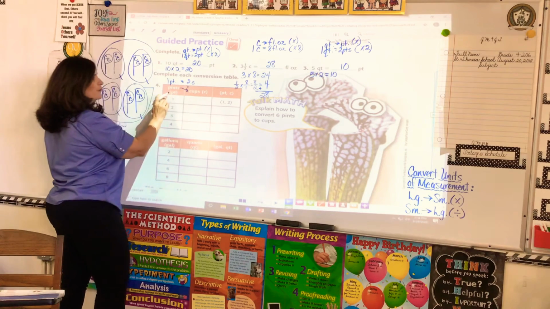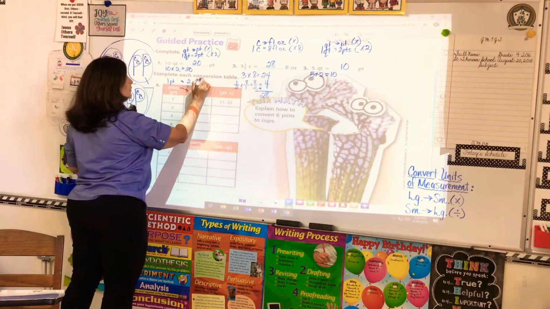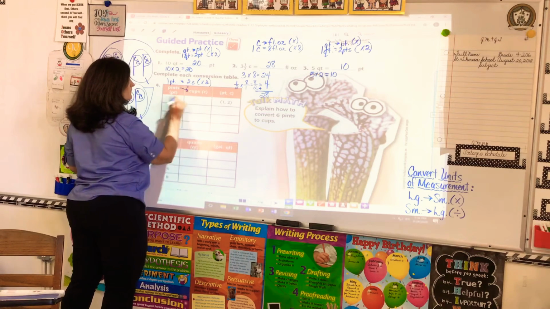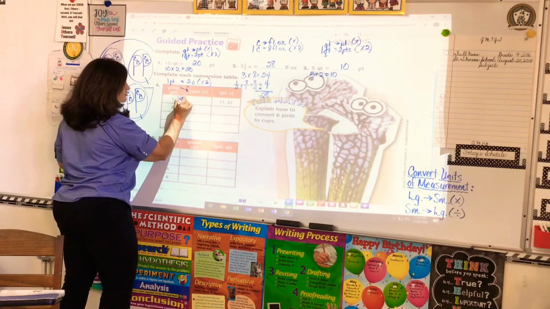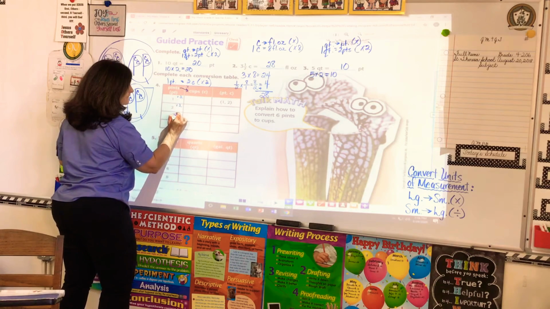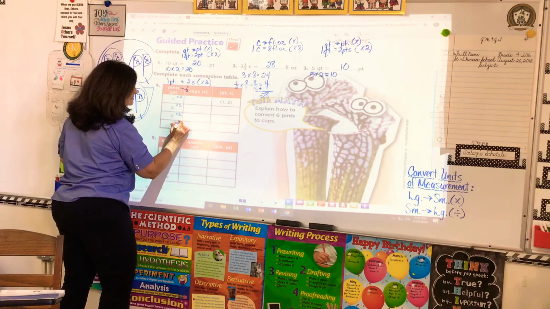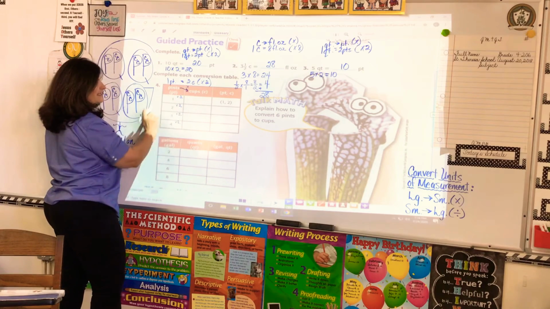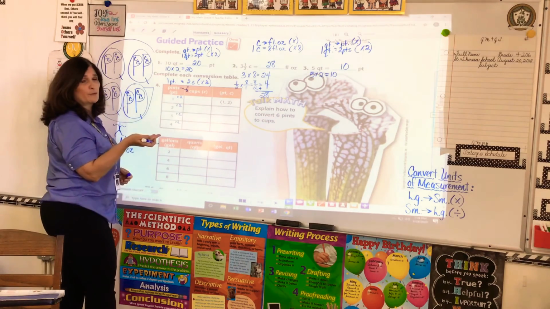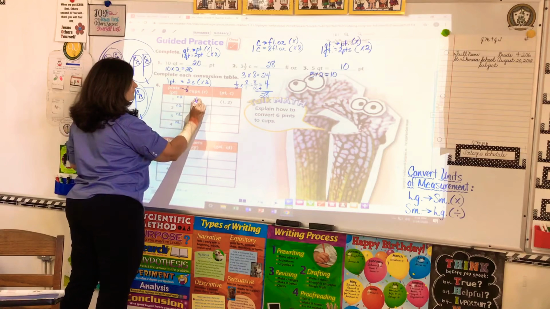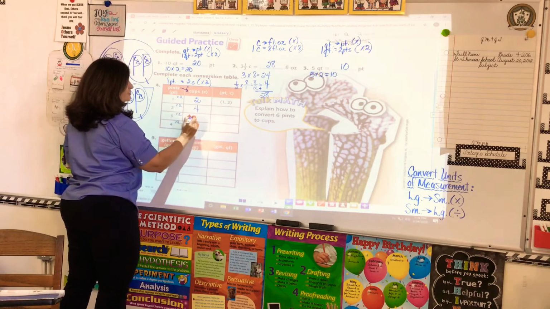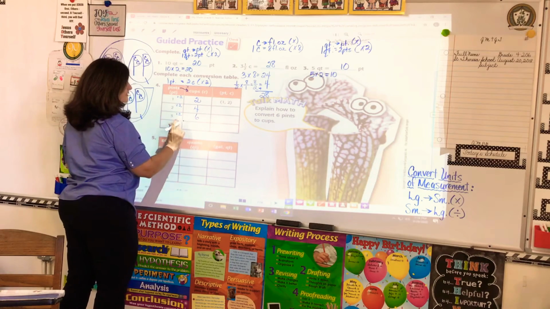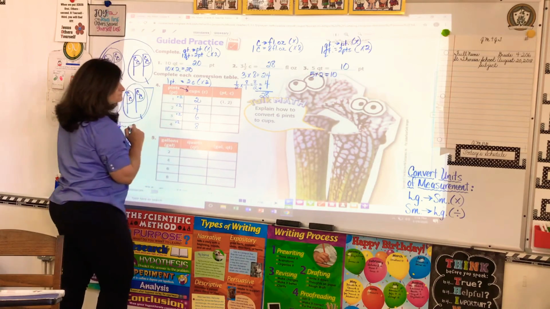So every time we go from a pint to cups, we want to multiply times 2. So here, these are all our pints. Every time we're going to do times 2, times 2, times 2, and times 2. These are all math facts. By you just doing this, you're showing me your work. 1 times 2, 2. 2 times 2, 4. 3 times 2, 6. 4 times 2, 8.